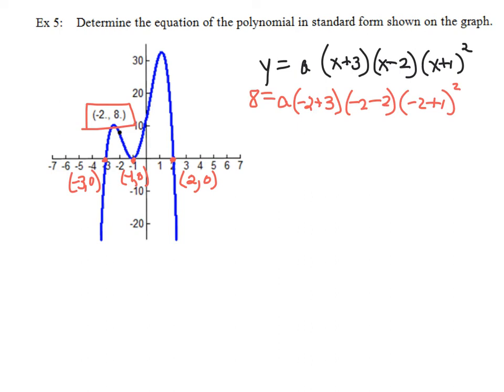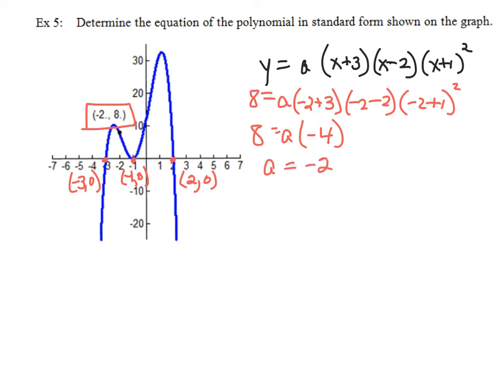That one's being squared. So for this one, I get 8 is equal to a times 1 times -4 times +1. So I'm ending up with a times -4. That tells me that a must be equal to -2.